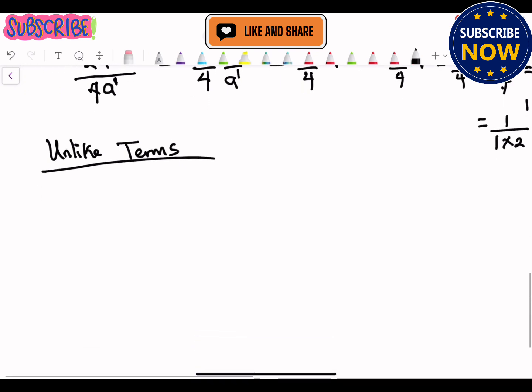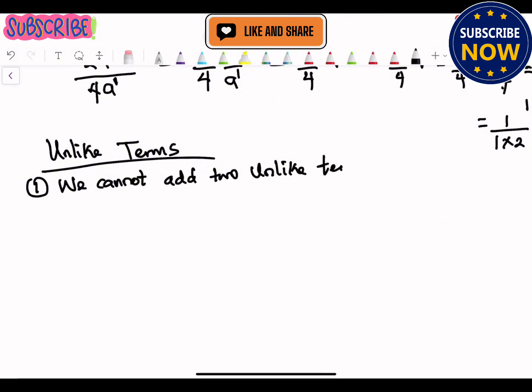First, we cannot add two unlike terms together. For example, you have 6a plus 3b.